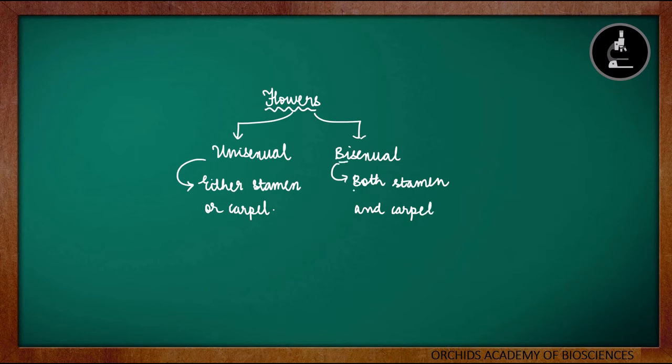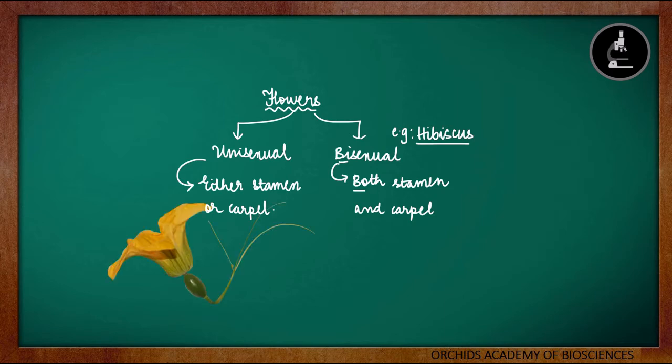So B for bisexual, B for both. We can easily remember. We have already seen one bisexual flower, for example, the hibiscus flower. The hibiscus flower had both the male and the female part. Whereas unisexual flowers can be seen in the case of the cucumber plant. The cucumber plant has unisexual flowers.